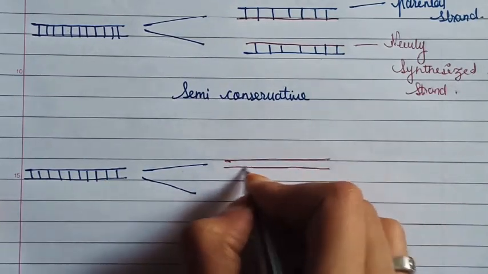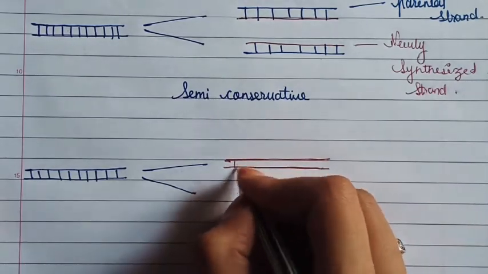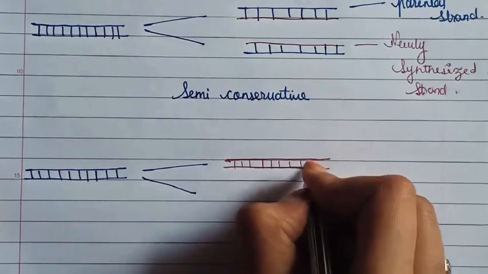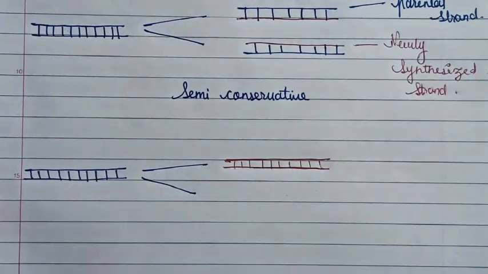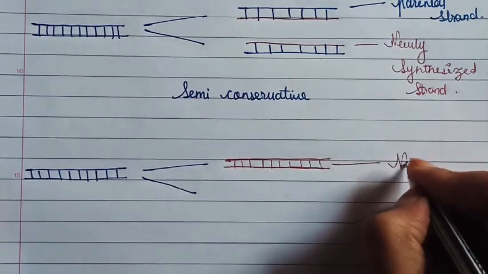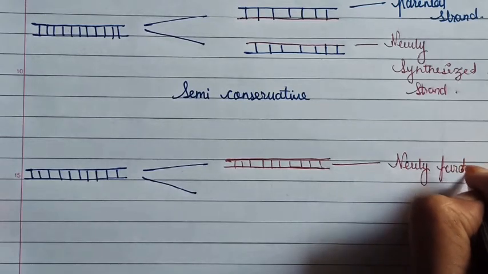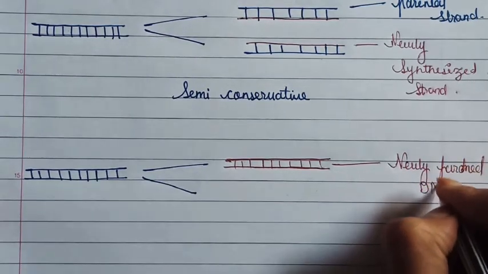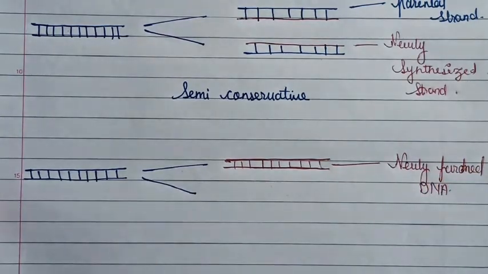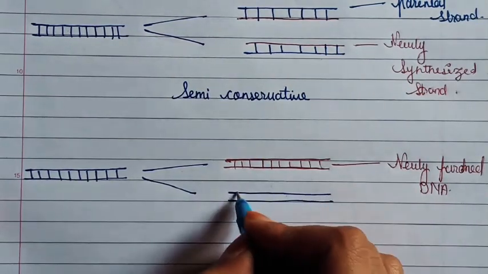When two daughter DNAs are formed, this parental DNA remains as it is, and one is a newly formed DNA, and this one is the old DNA, meaning the parental DNA.